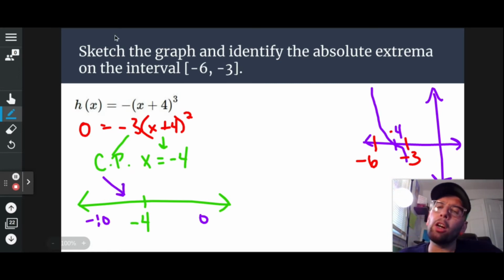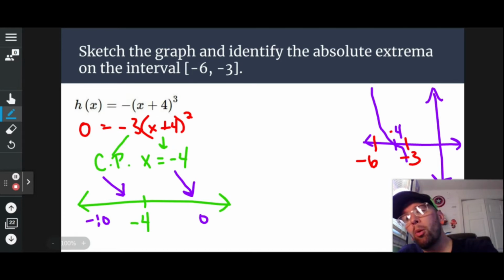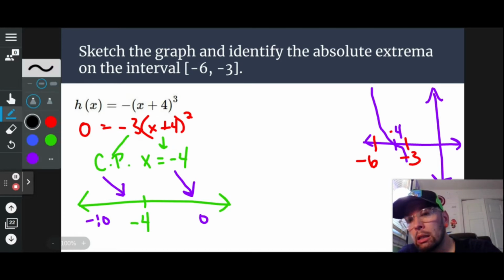If I plug in 0, I get 0 plus 4, which is 16 after I square it, times negative 3 is another negative. Oh, surely I did something wrong, you ask. Well, don't call me Shirley. Airplane. And you didn't ask, you actually said. And no, I didn't do anything wrong. As you can see from the picture, I'm decreasing, decreasing, decreasing. I level out at negative 4, and then I'm decreasing, and I'm decreasing some more. So what's my critical point? I don't have one.